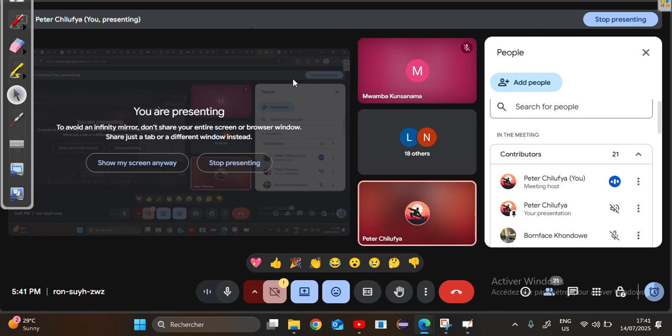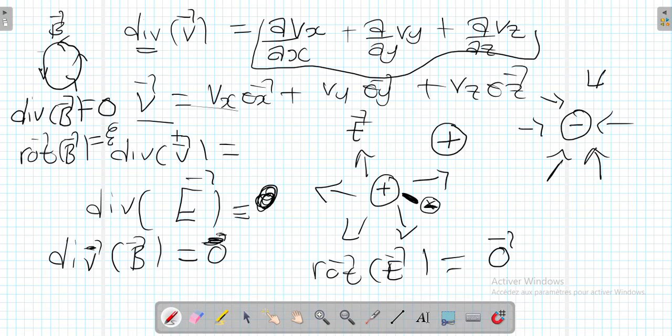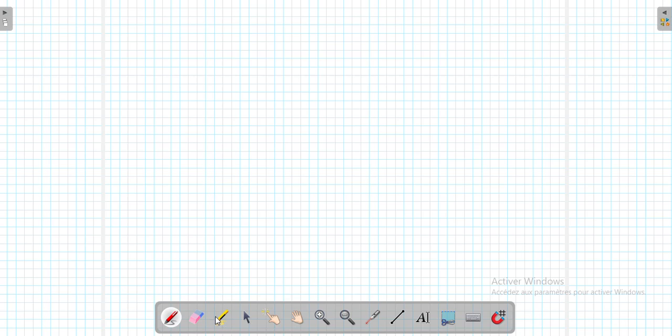These three mathematical tools are just mathematical tools used to quantify these physics concepts: rotation, divergence, and gradient. I've explained to you using examples the same notations that you're going to find.